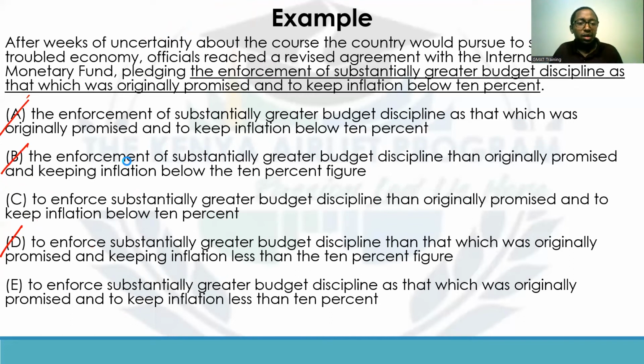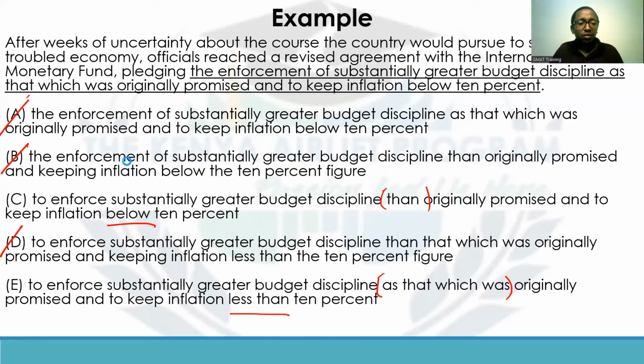So now we have to go deeper because both are parallel, both are okay meaning-wise. So what's the difference between these two? For E, it's budget discipline as that which was originally promised and to keep inflation less than 10%. Then C has budget discipline than originally promised and to keep inflation below 10%.